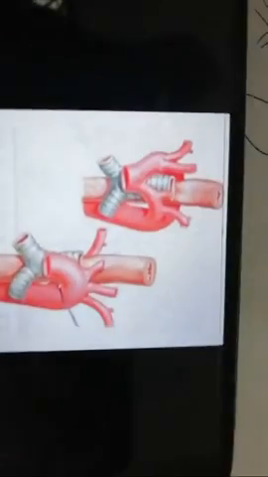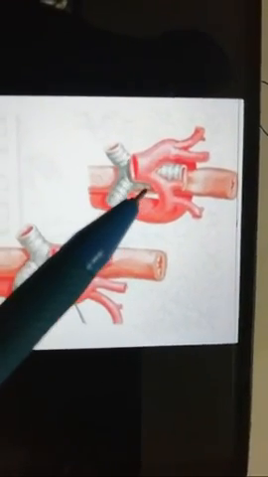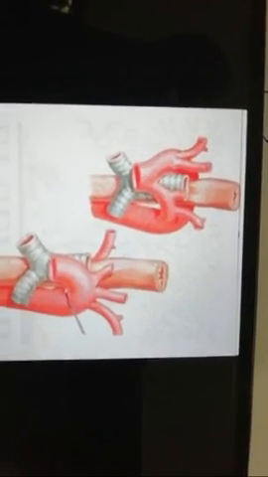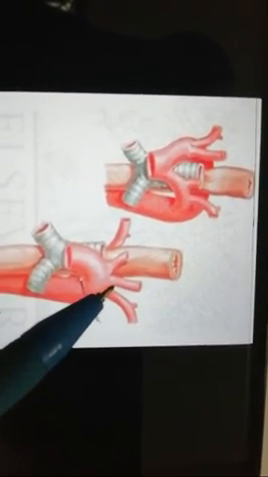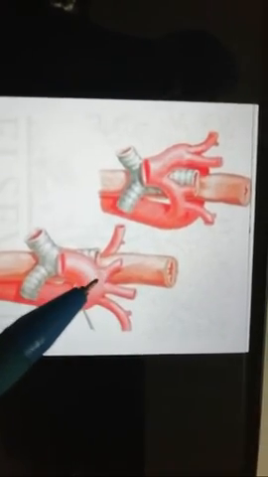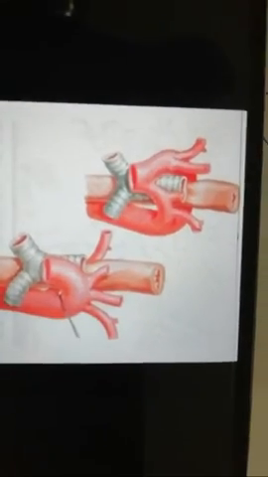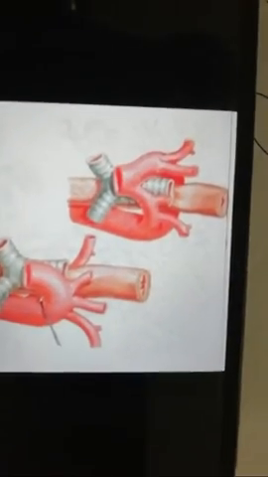If you look at this, this is the normal, where we have the esophagus, the trachea, and the aorta, with the subclavian and common carotid. But if you observe carefully here, on the right side the subclavian winds around the esophagus, so it is compressing the esophagus. That is the reason you have difficulty in swallowing, right?